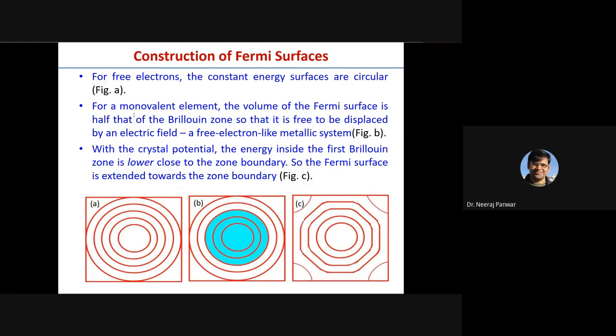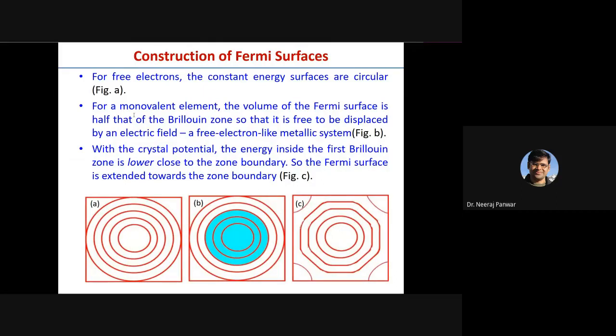So if we plot the contours of free electron energy, we know that E is equal to h cross square k square by 2m. If we plot it in 3 dimensions, it would be a sphere, as we have already seen from the discussion of Sommerfeld quantum free electron theory, that the electrons remain inside a Fermi sphere.